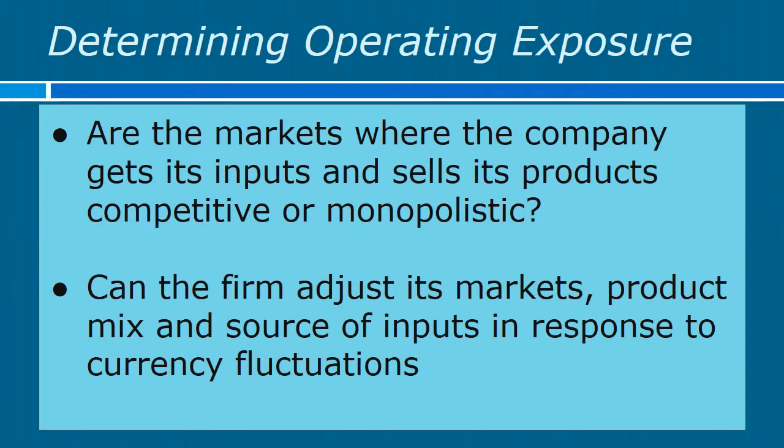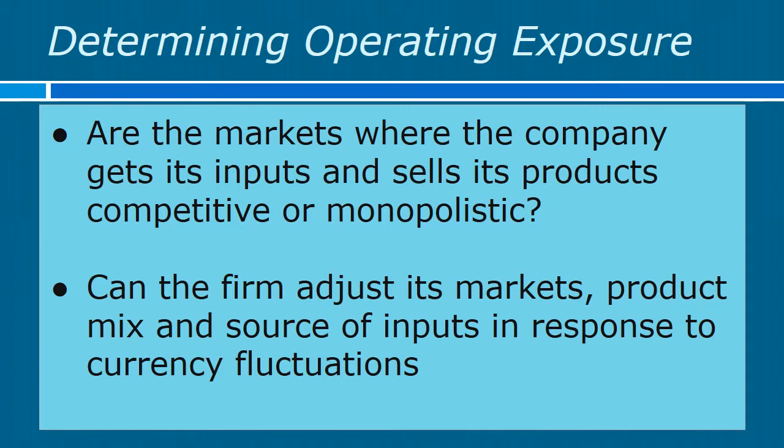How do we determine operating exposure? First, are the markets where the company gets its inputs and sells its products competitive or monopolistic? Operating exposure is higher if either a firm's input costs or product prices are sensitive to currency fluctuations.